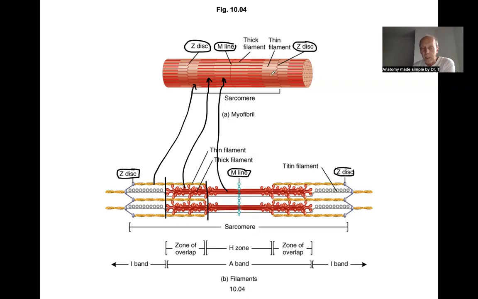The same thing would be seen also on the other side of the M line, so no need for us to go and duplicate the work. The area where just thick filaments exist without being overlapped by thin filament fibers is known as the H zone. And then to the left and right from the H zone, we have the zone of overlap.